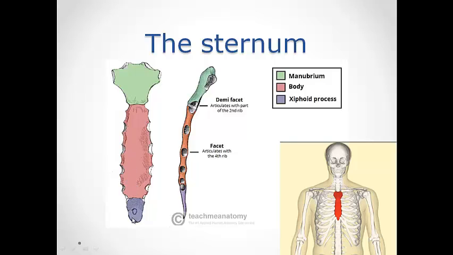And then at the very end, you have a triangular process called the xiphoid process. So these three parts together give me the sternum. And the most important thing for you to notice is that at the sides of the sternum, there are depressions, or what we call facets. And these are important because they articulate with the costal cartilages.